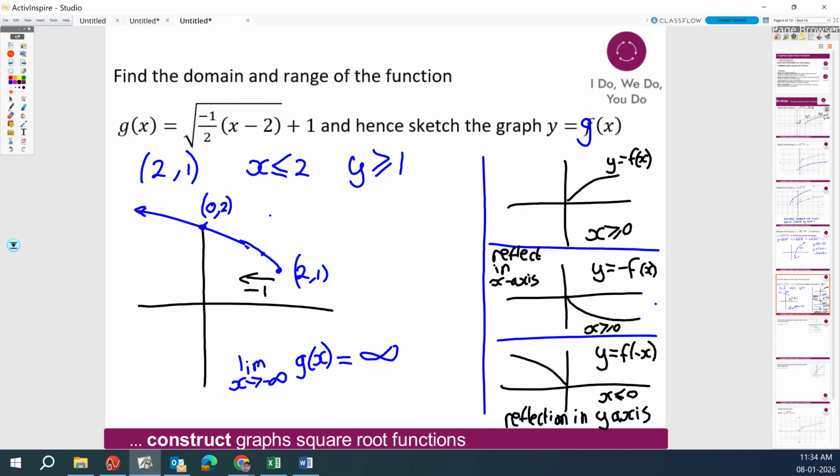So, normally, we go 1 across, 1 up. 1 across, 1 up. So here on this one, instead of going 1 across, 1 up, we go backwards, -2, 1 up. Because we have a horizontal dilation by factor of half.